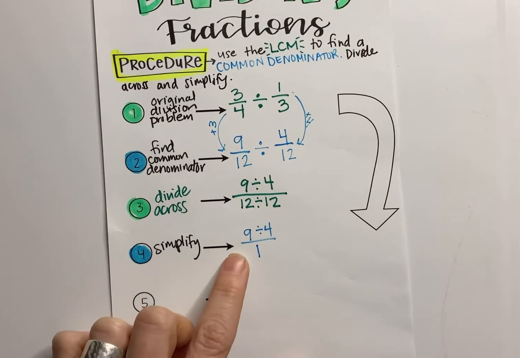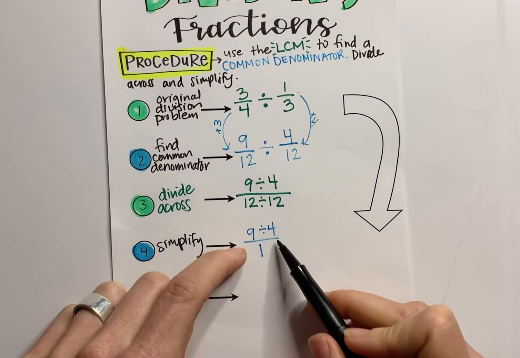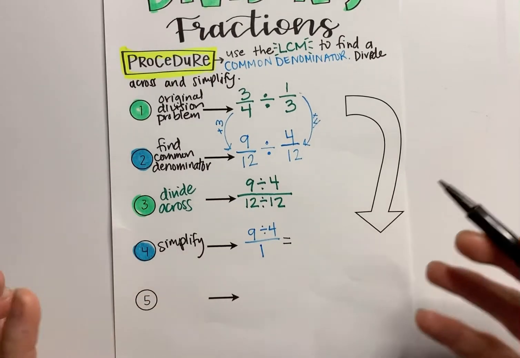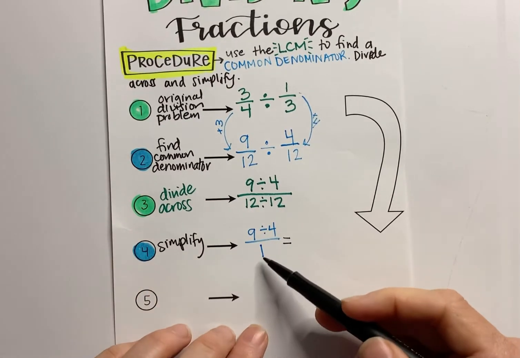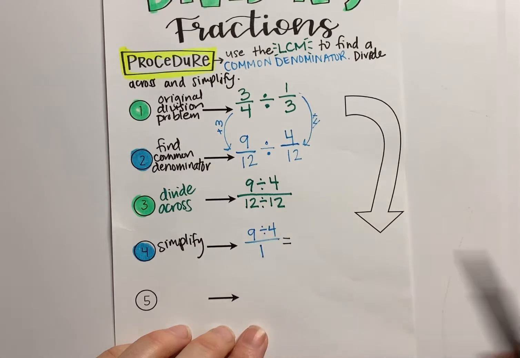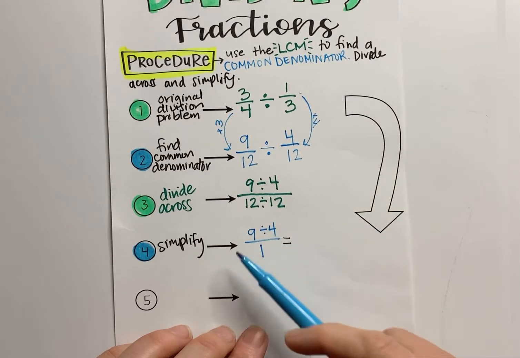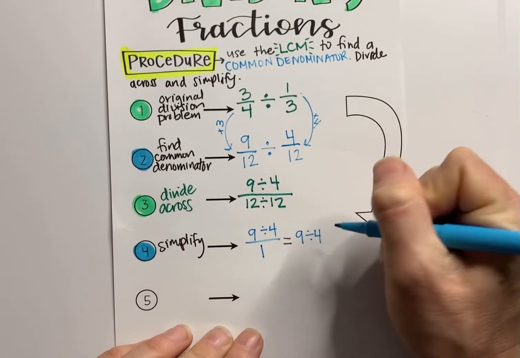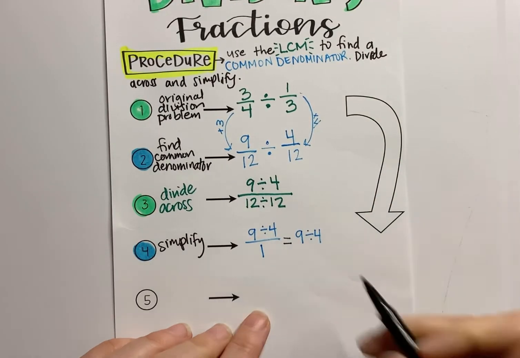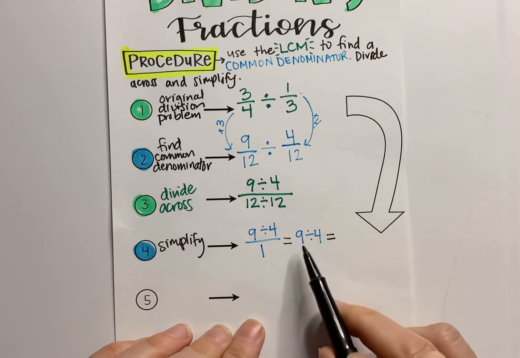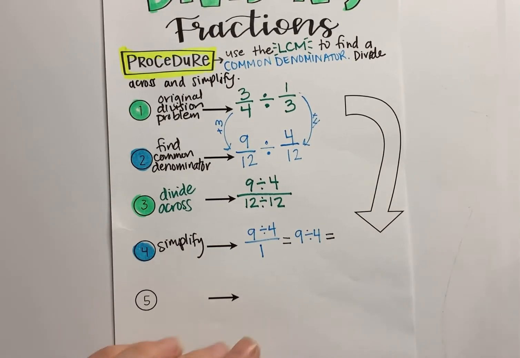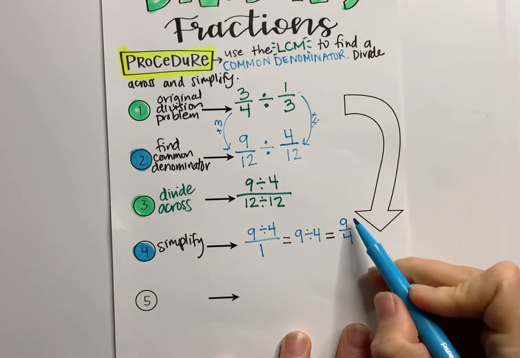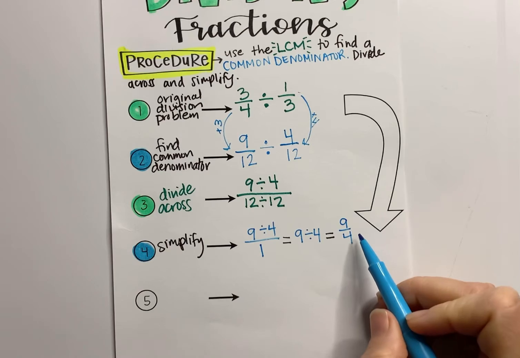Now I see something interesting. I have something over 1, and if your denominator is 1, it's equivalent to just the numerator. So 9 divided by 4 all over 1 is the same as 9 divided by 4, which in fractional form looks like 9 over 4, because a fraction is just another way to write division.